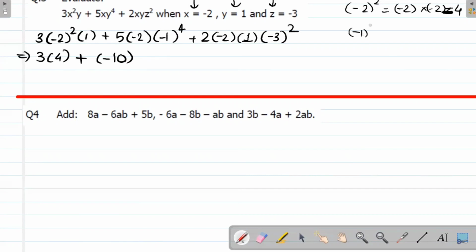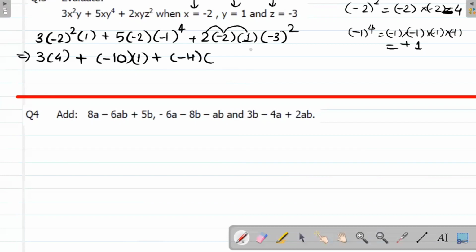Now minus 1 raised to 4, which is equal to minus 1 into minus 1 into minus 1 into minus 1. Now 4 times 1 is 1 into 1 into 1 into 1, that is 1 only, and minus plus minus plus. So your answer is going to be plus 1. So that will be 1 only, plus 2 2s are 4, 4 1s are 4.